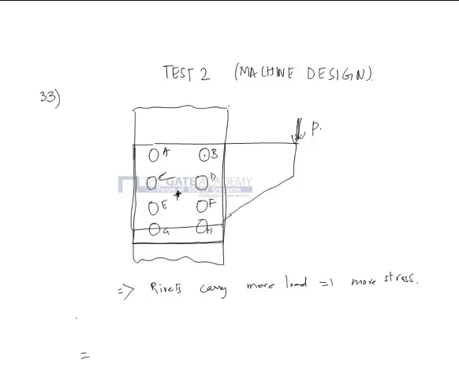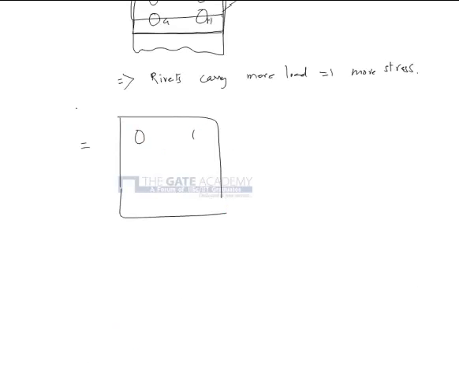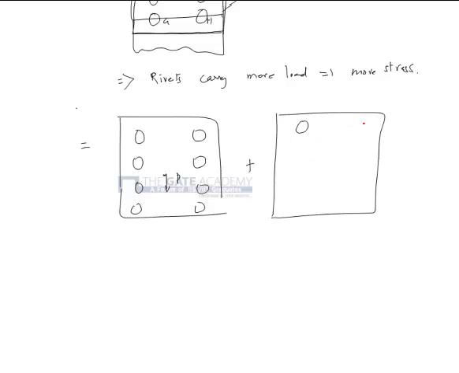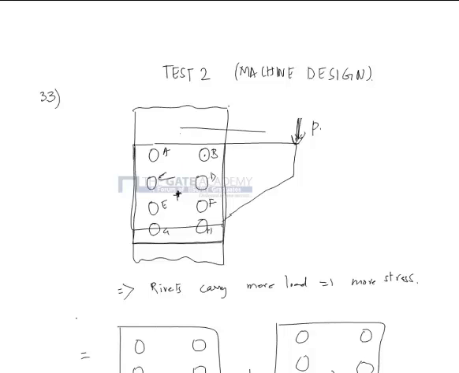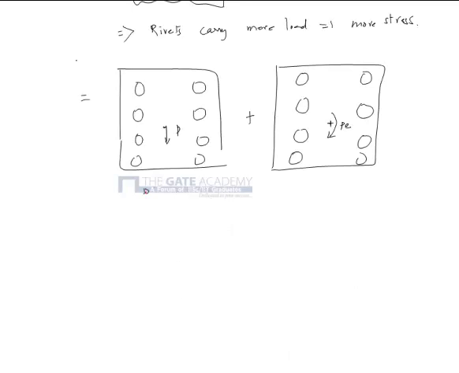So let me break this eccentric load into a direct shear load plus the secondary load, which is the moment P times e, where e is the distance between the CG of the rivet system and the load application line. So this is the direct load and this is the secondary moment load.